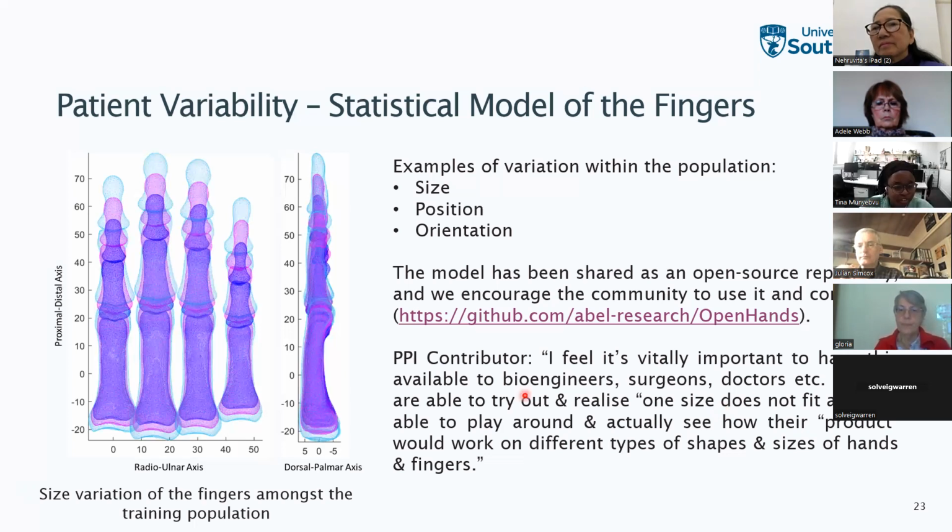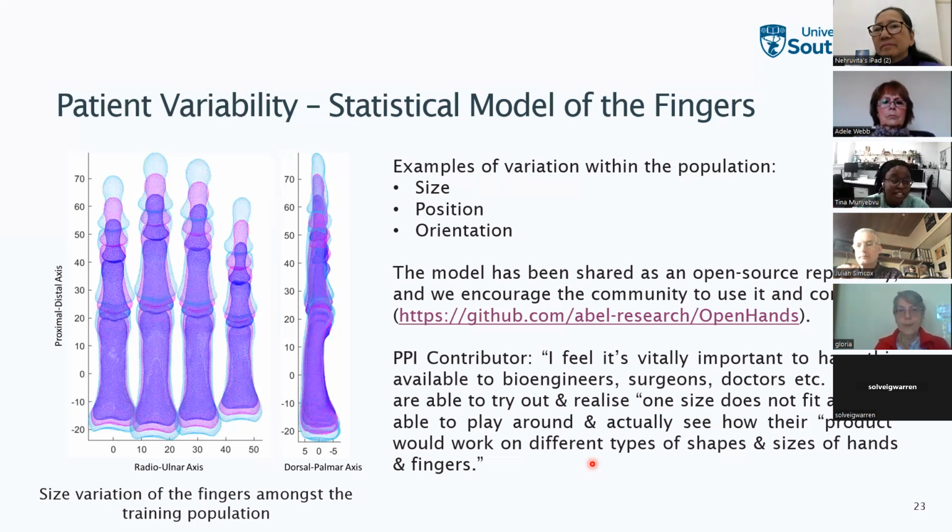This paragraph is just an example, which I loved, from a contributor about the usefulness of this model and how not only engineers can use it, but surgeons and doctors, and about how it's important to get something out there first, because there isn't anything out there on an open source repository like this. So they can see how their research might change considering the different types of shapes and sizes out there.